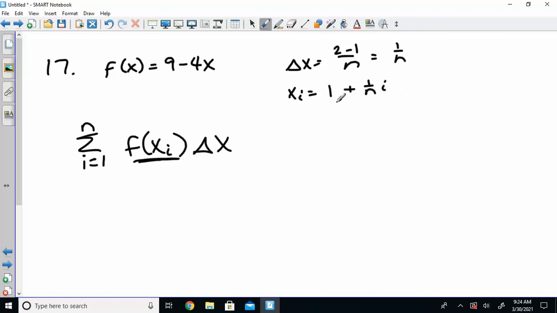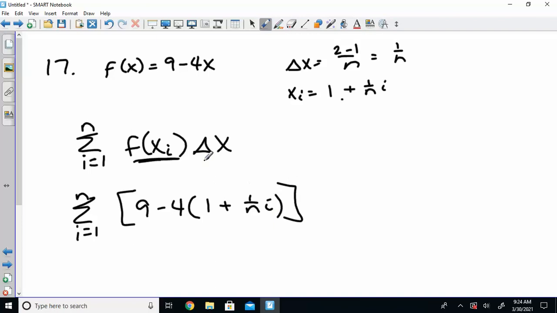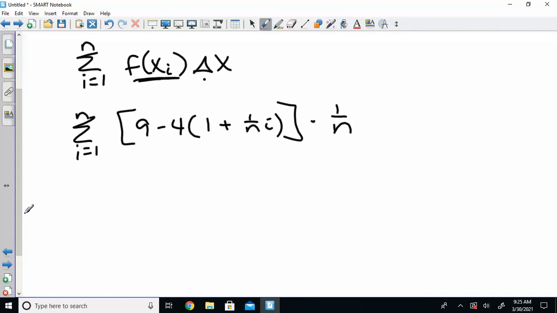F of x sub I. So I take my x sub I and plug it into my function. So that would give me a 9 minus 4 times 1 plus 1 over n times I. Change in x is 1 over n. So if you just follow the formula I gave you, I tell you exactly what you're plugging in.